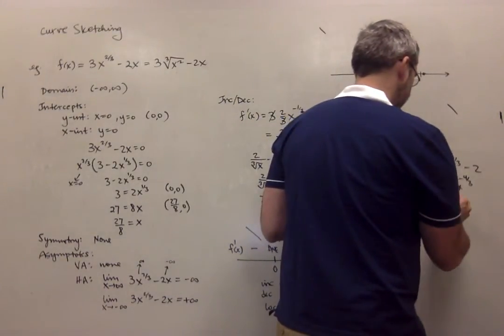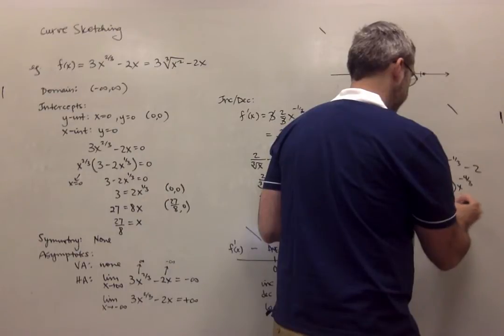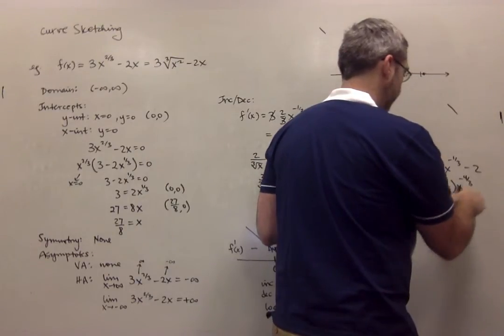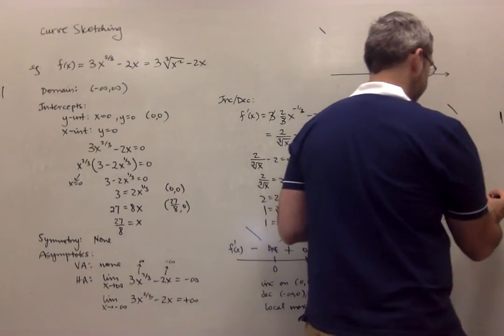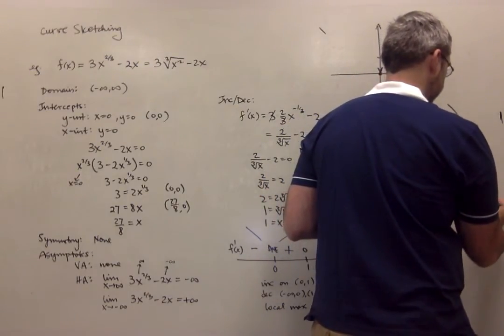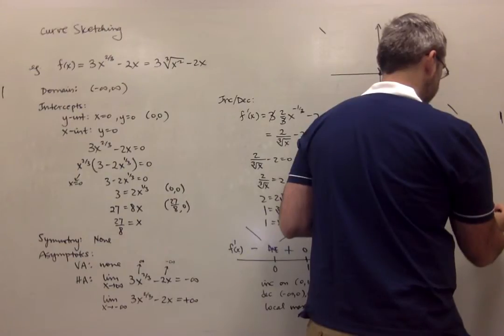So I've got negative 2 over 3, and then I've got x to the 4/3 there. In other words, negative 2 over 3 times the cube root of x to the 4th.